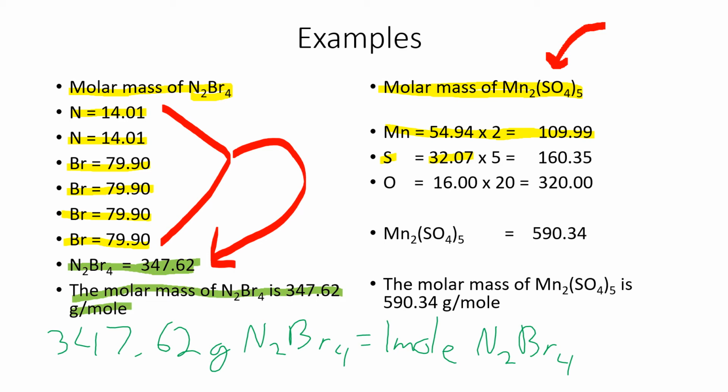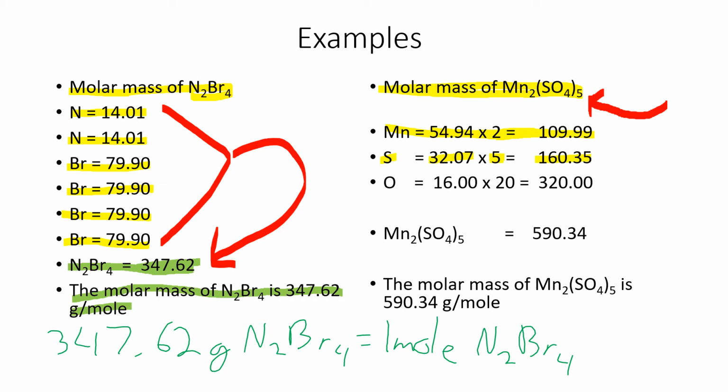Well, that's what the subscript 5 outside the parentheses is telling us. We have 1 sulfur per group, but 5 of those groups, that would mean 5 sulfurs. Well, 32.07 for each sulfur, we have 5 of them. We would get our total from our sulfur at 160.35.